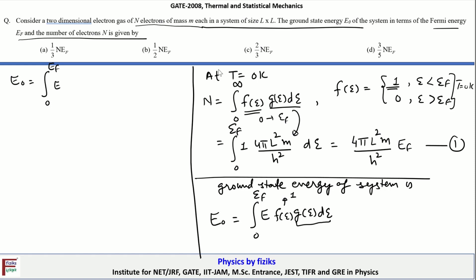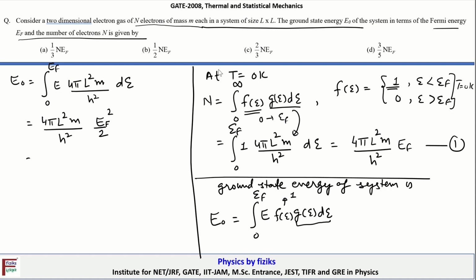So GE dE is equal to 4 pi L square M upon H square dE, and it comes out to be equal to 4 pi L square M upon H square multiplied by, not E square but Ef square by 2.